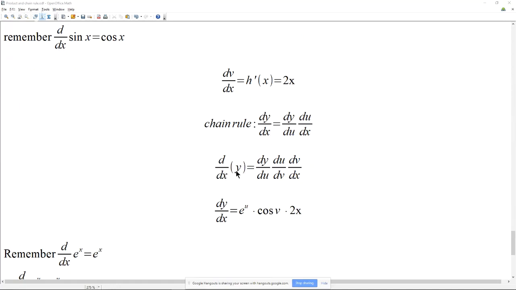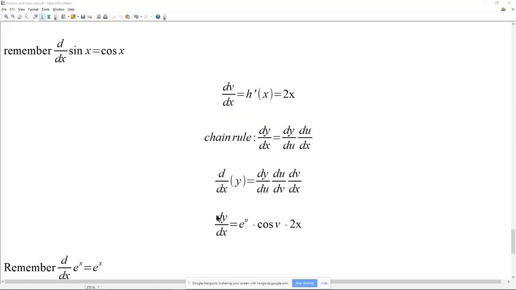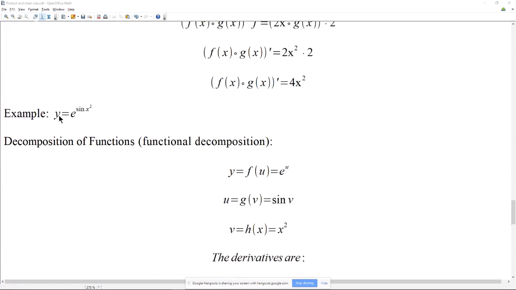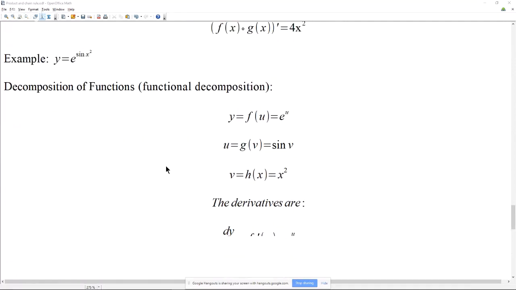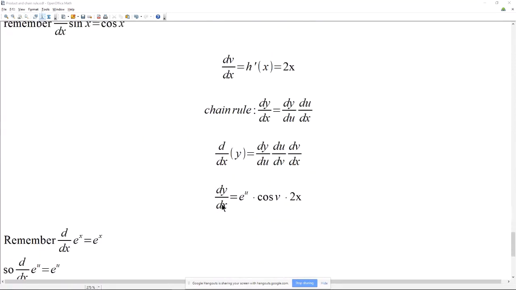You're taking d dx of y, but see what happens is the d goes in the numerator. That's all you're really doing. It's basically d over dx times y. So dy dx, you're going to see in this form often, especially when you get into differential equations, because you're working with two variables, x and y. So you're probably going to end up with a differential, which is going to be dy dx.